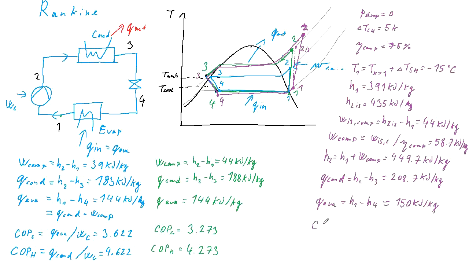And now we can get the coefficient of performance of cooling. Q evaporator divided by work of the compressor, which will be 2.557.